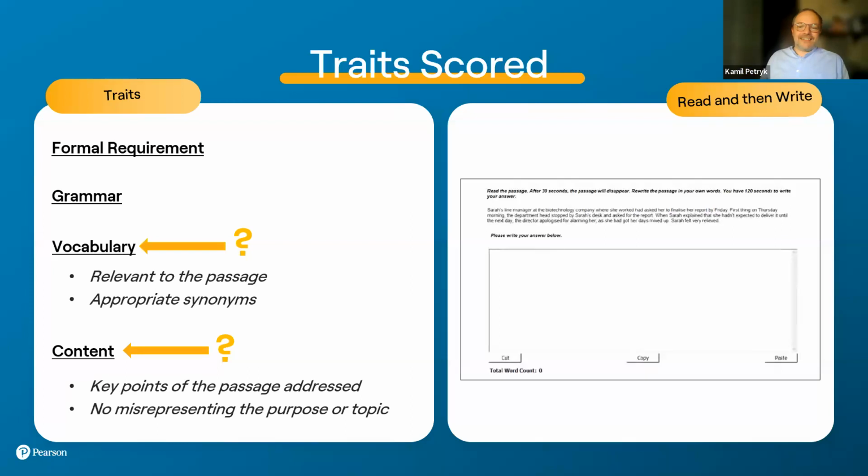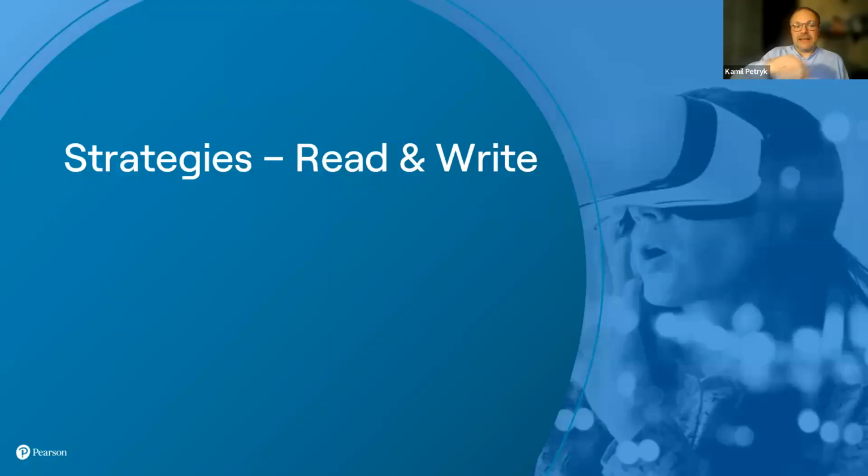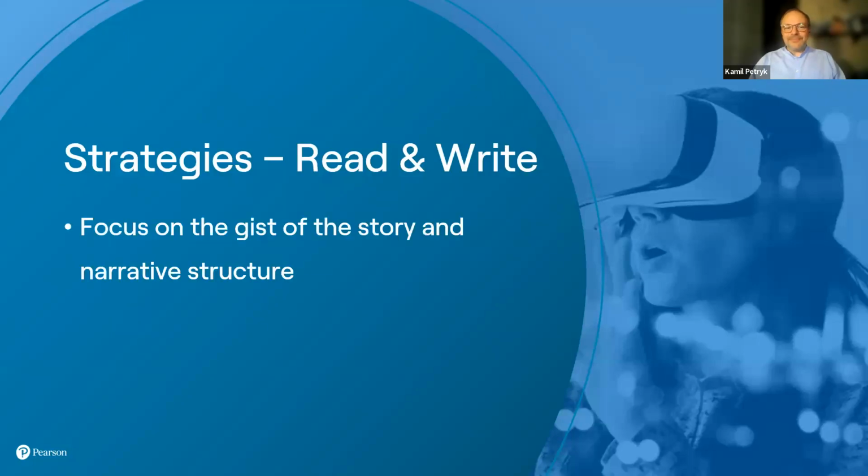So this is also another focus of content for the read and write activity. So let's have a look at some strategies for read and write. Thanks for sharing your ideas for the content.